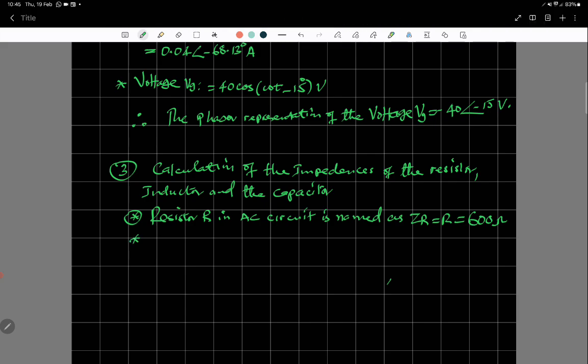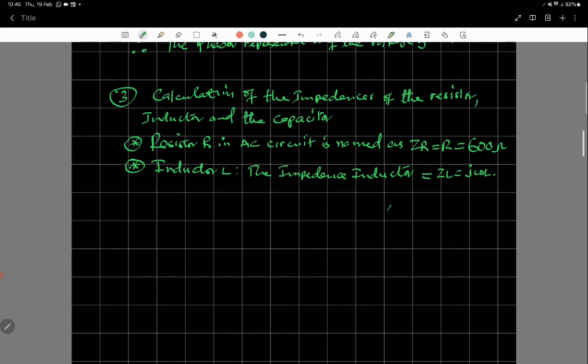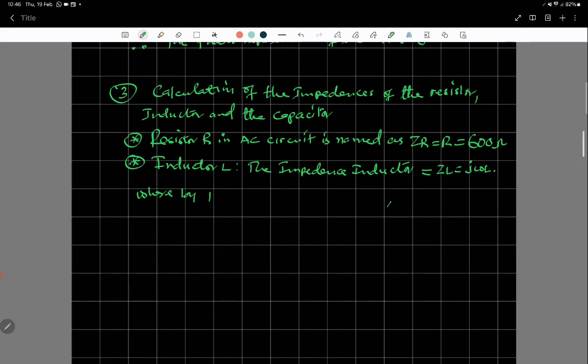Inductor: the impedance of the inductor is given by ZL, which is equal to JWL, whereby J is the imaginary unit.